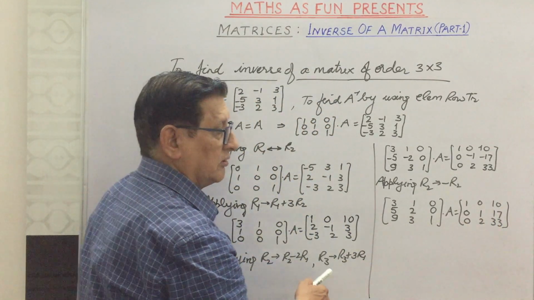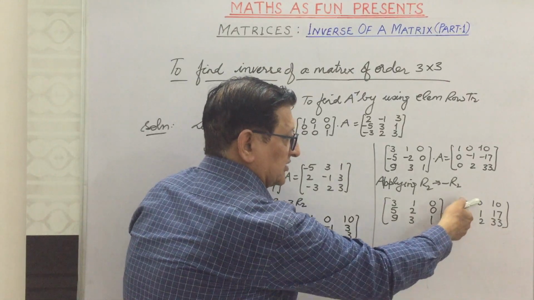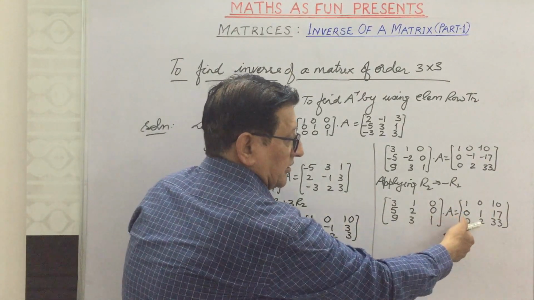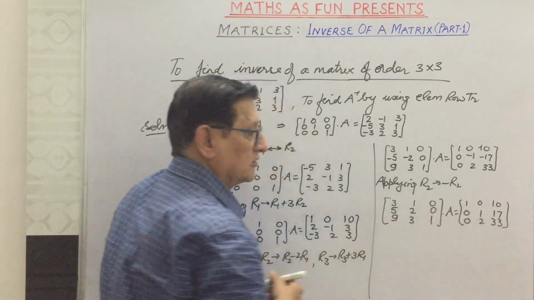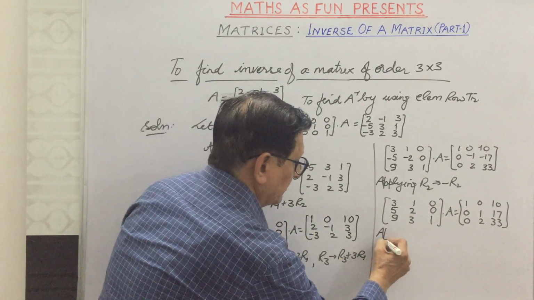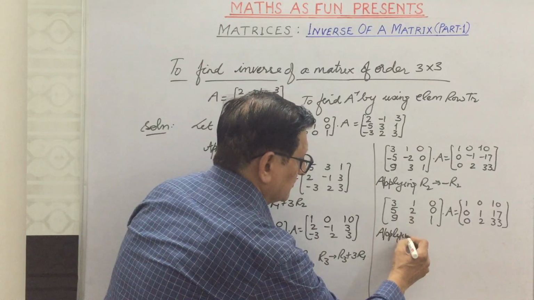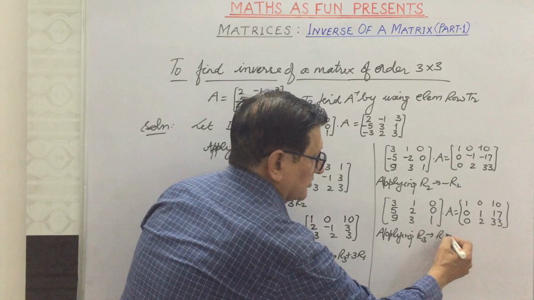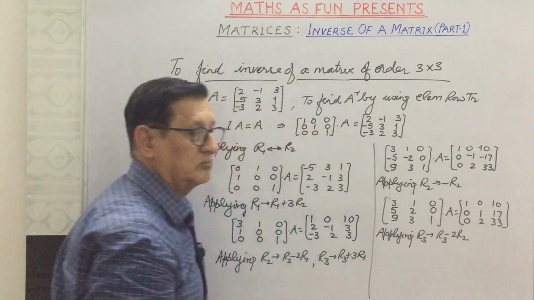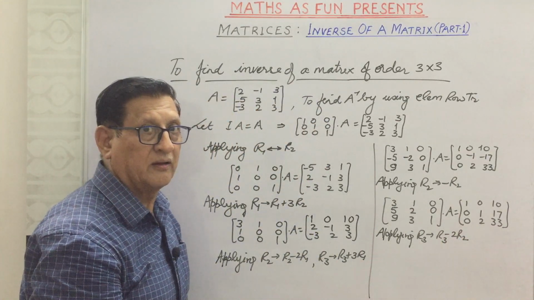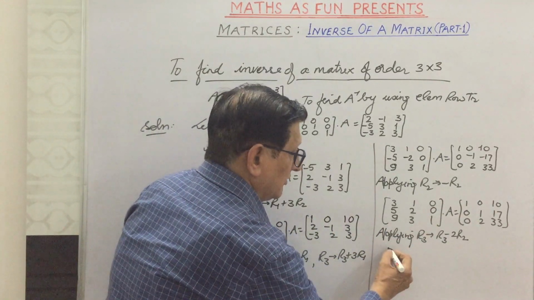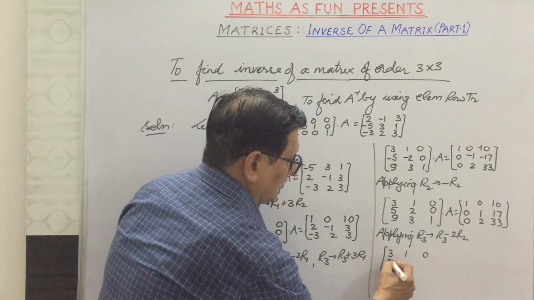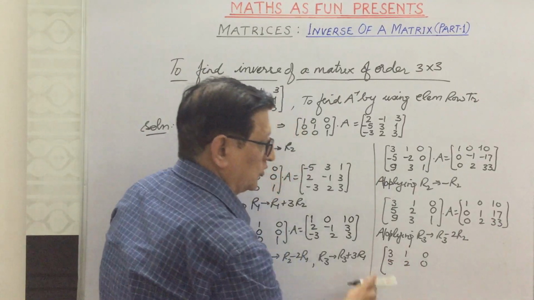And now with the help of this we want to make these two elements 0. This is already 0. So we have to apply transformation only in the third row, and that we can do here applying in row 3, that is row 3 minus twice of row 2. When we do that here, we are getting here 3, 1, 0, 5, 2, 0.